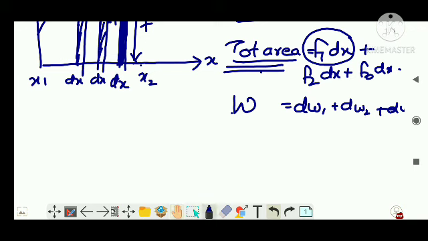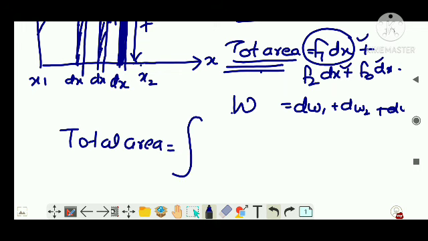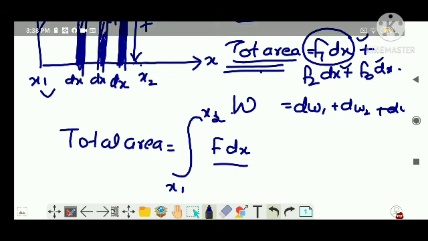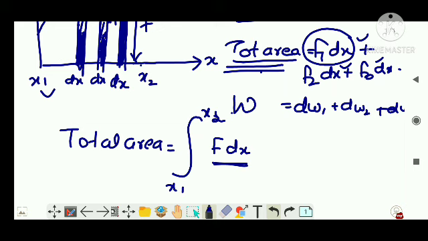That's why we are going to introduce the section called integration. That is how I am going to write total area is equal to integral of f dot dx. I will write the common f dx, and the limit is from x1 to x2, right? This strip is one f dx. Similarly, there is another f dx.